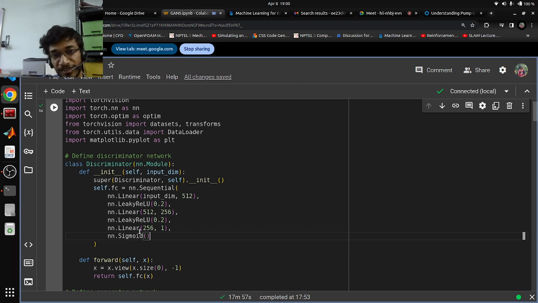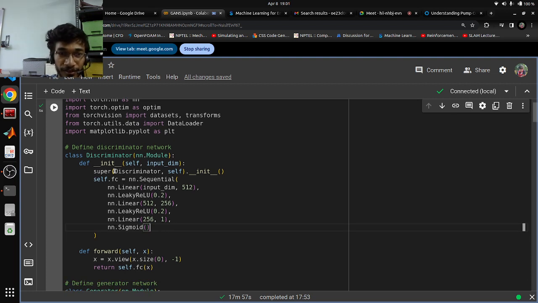Ideally, if you are training for much more complex data, like big size images, you might need to incorporate convolutions, and that would be more ideal. But for this simple data set, we are going with a simple feed forward neural network.